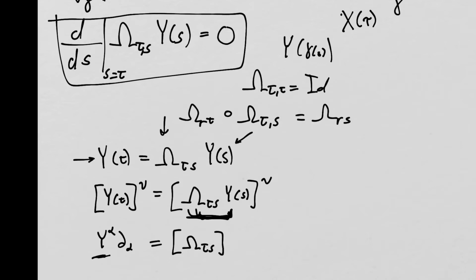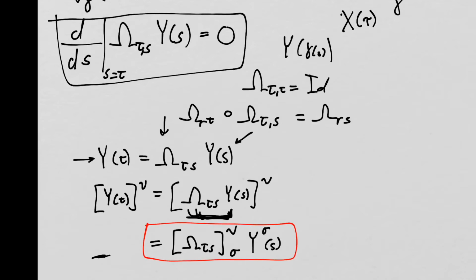It's going to have a new component, sigma y sigma. And so if I erase this, this expression here is sort of the full component version of this expression here. I guess I have to include that in front on this side. And what you can see is that this is just a dummy summation over the components of y at s.